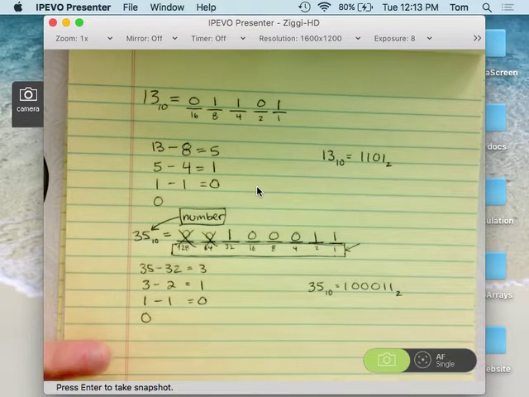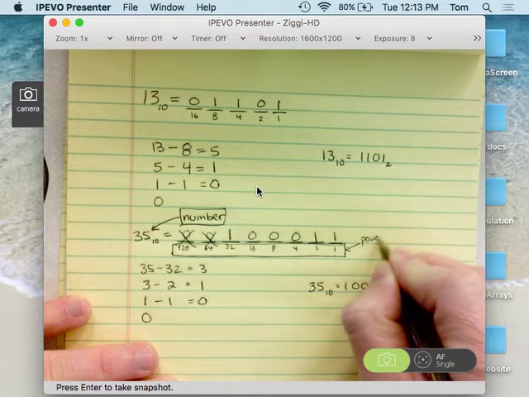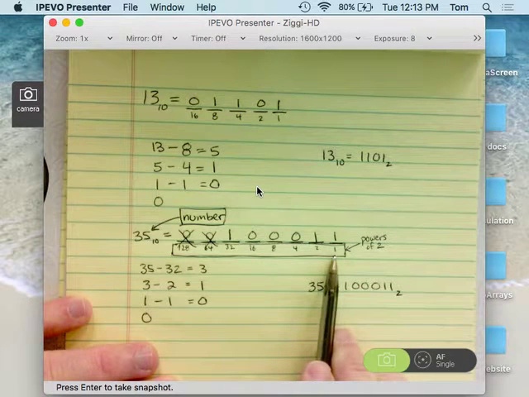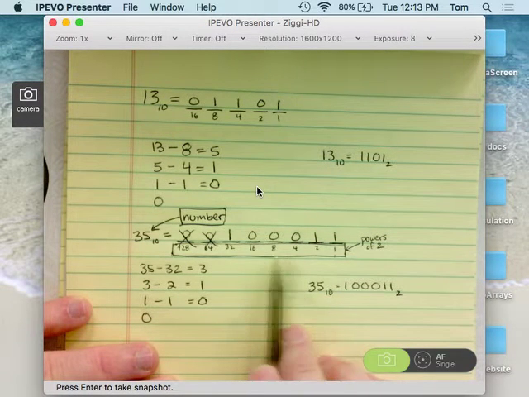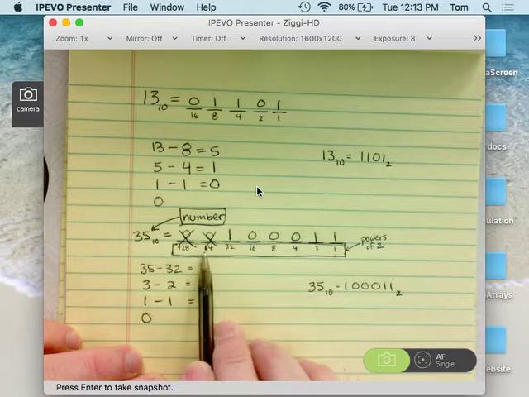Super math nerds would call those powers of 2. This is 2 to the 0, 2 to the 1, 2 to the 2, 2 to the 3. So we get all of those numbers by keeping track of powers of 2.